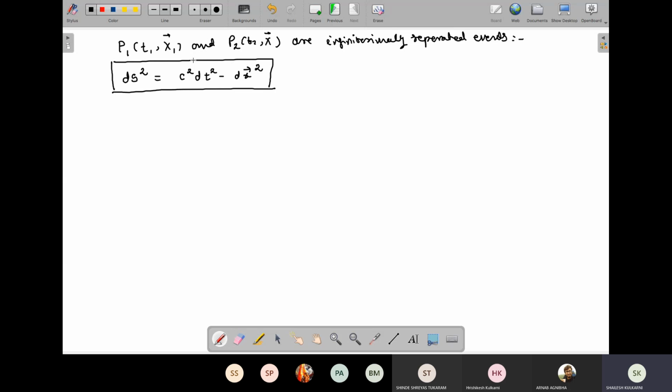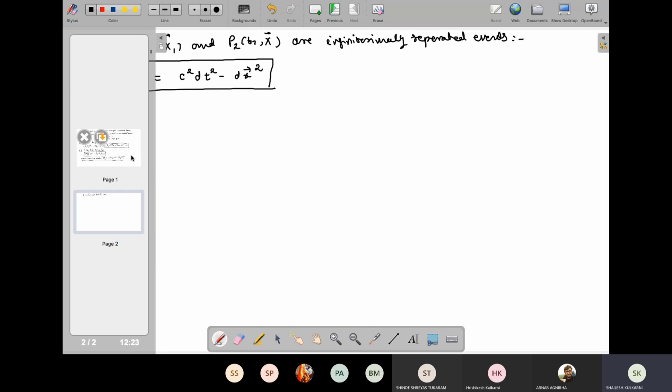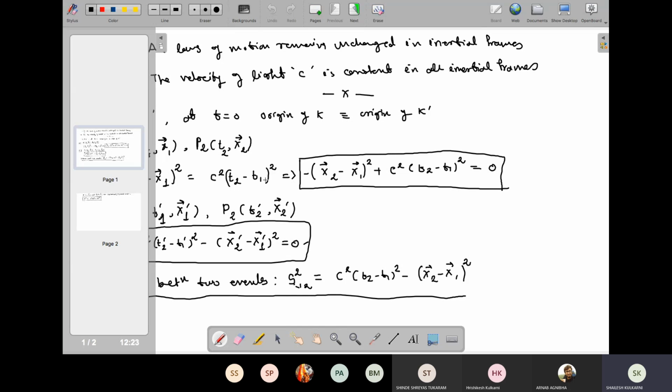Now, given the constancy of the speed of light, what can we say about this ds square in two frames? One thing we have seen is that when the speed of light is constant, the equation of the spherical wavefront remains the same in two frames. For the light wave, the interval between two events satisfies these two equations.